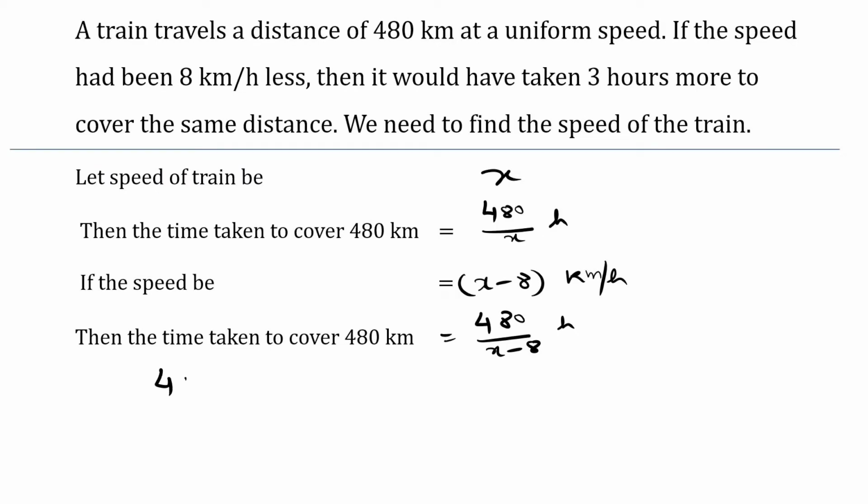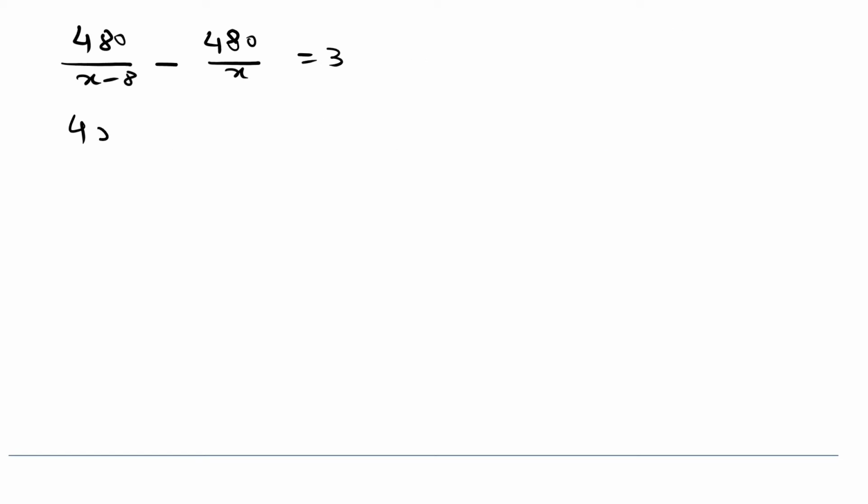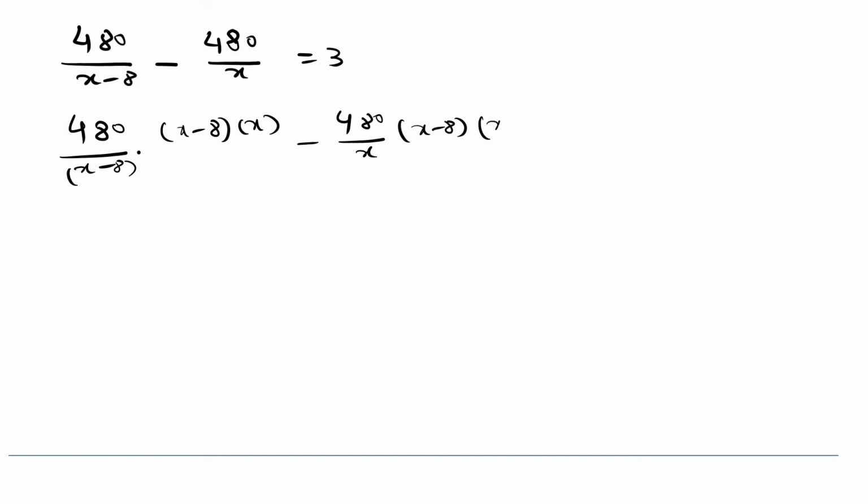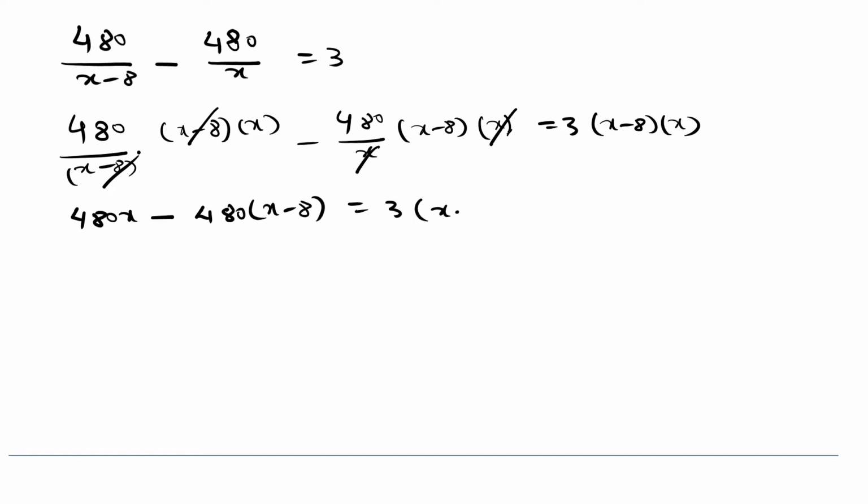So the difference of the two times, that is 480/(x − 8) − 480/x, is equal to 3. Now multiplying all the terms of this equation by the LCM, that is the product of denominators, (x − 8) times x, and then cancelling out like factors, we get 480x − 480(x − 8) = 3(x − 8)x.